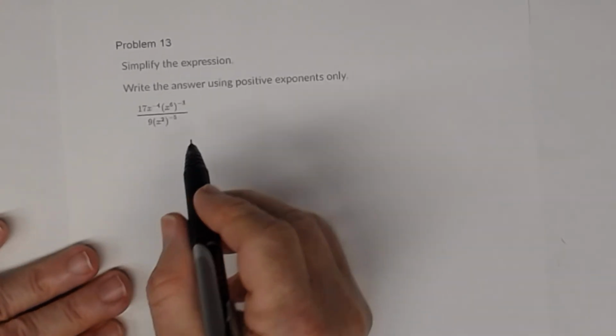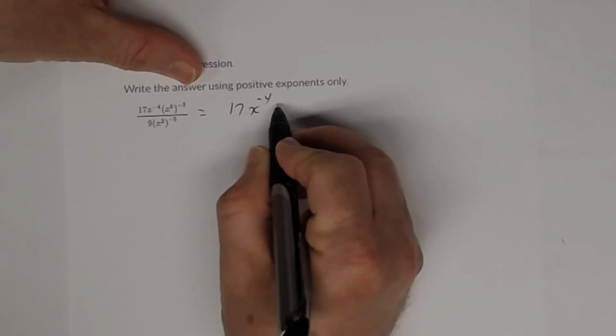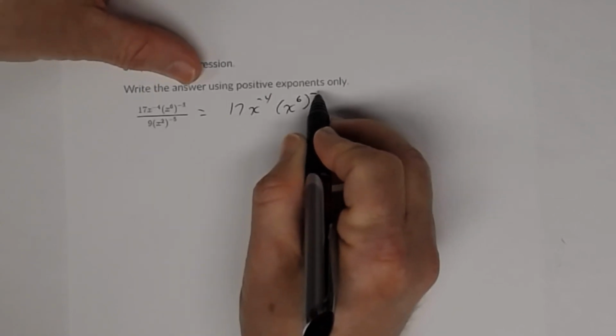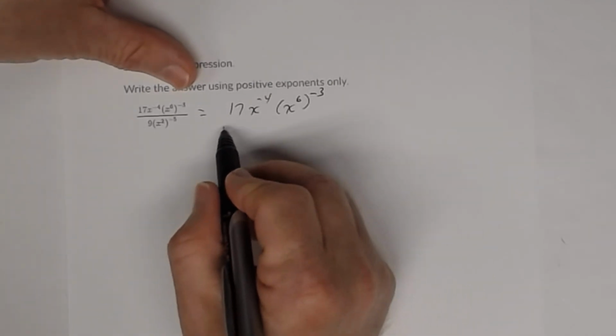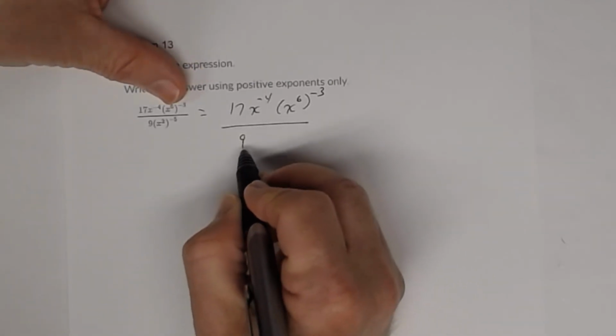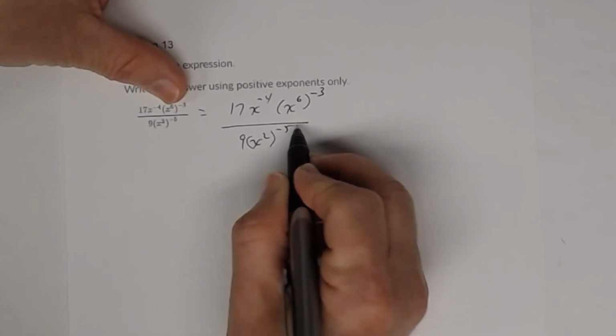Number 13, this time we have negative exponents, but let me go ahead and rewrite it over. I have 17x to the negative fourth times x to the sixth raised to the negative 3, divided by 9 times x squared raised to the negative fifth power.